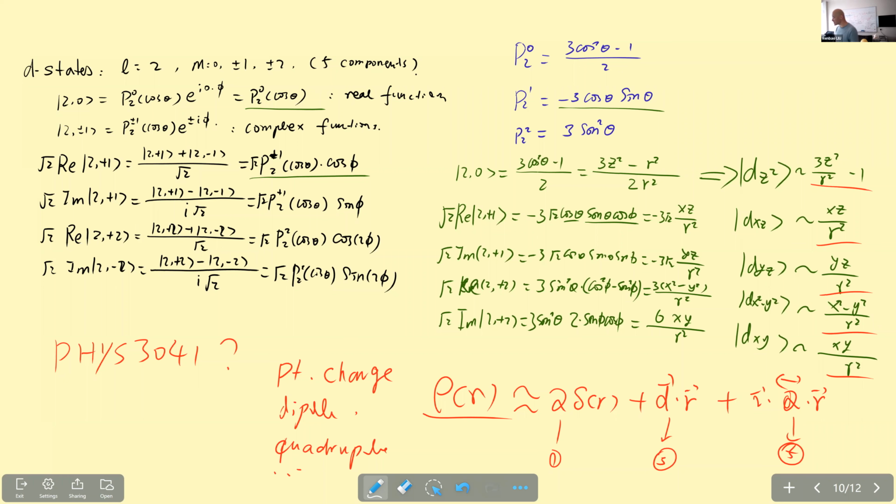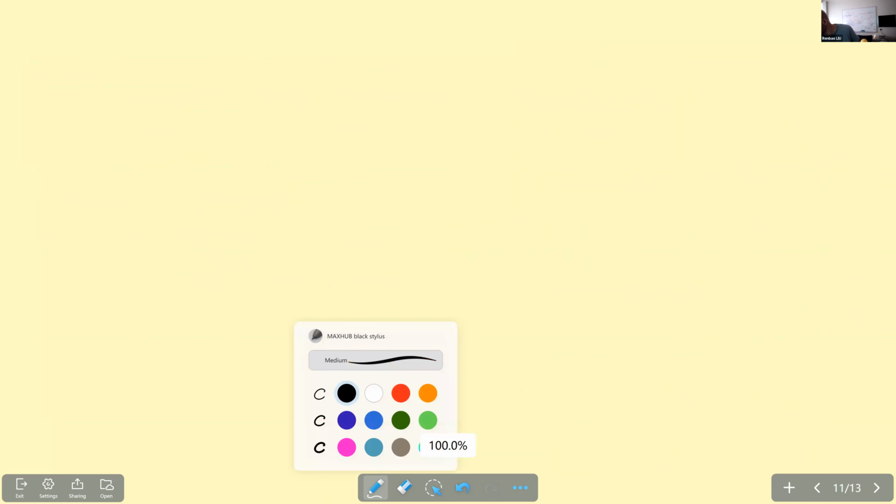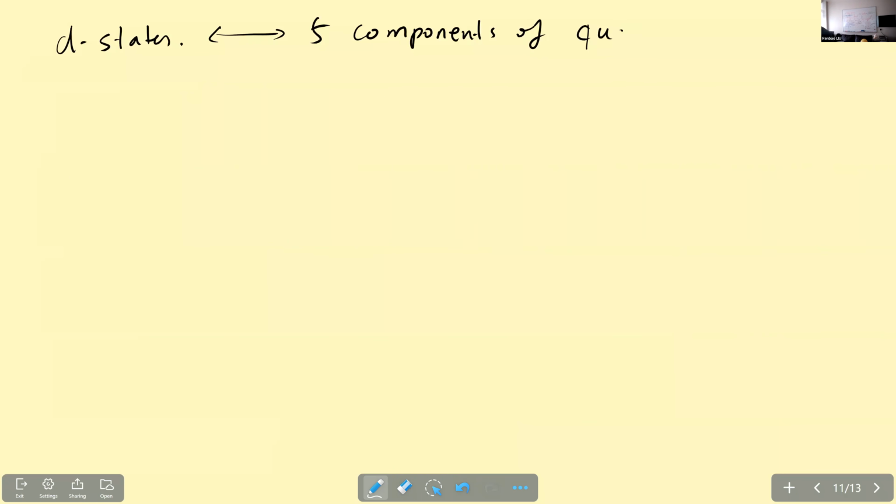Okay. So that's why we say that the D states are 5 components of a quadrupole.